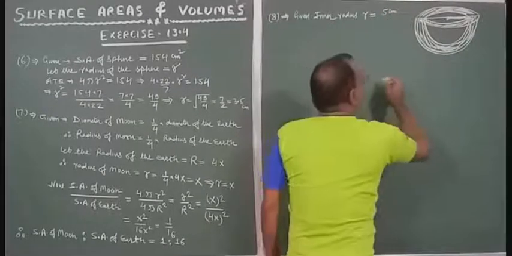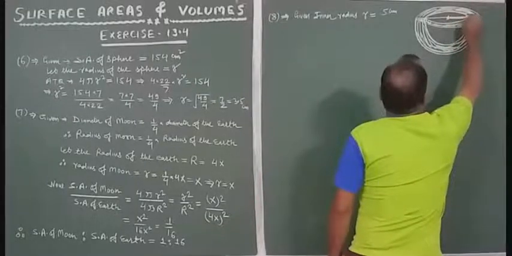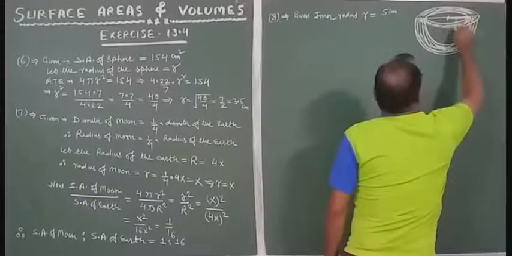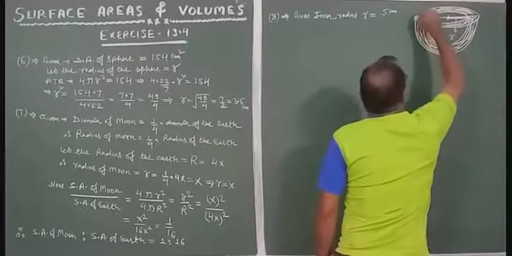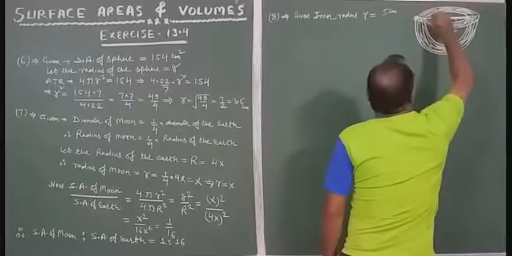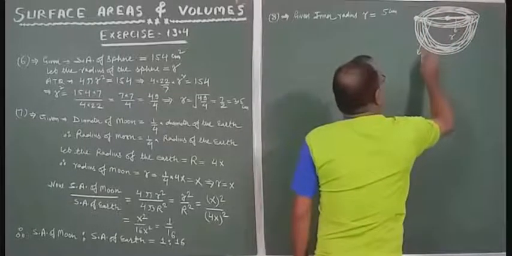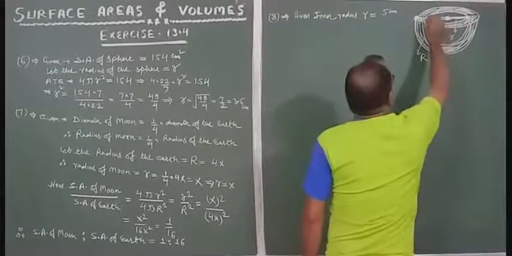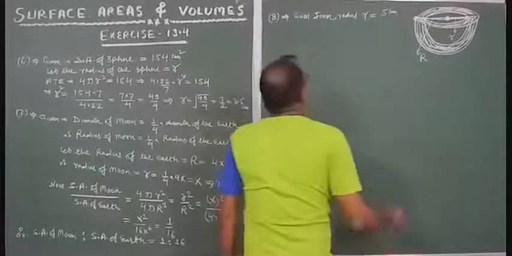And this is the thickness, from here to here. This is the outer radius. So this outer radius will be equal to the thickness plus the inner radius.